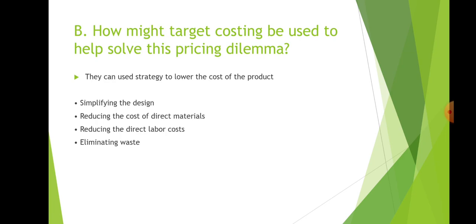And if the design is so simple, of course it will reduce the direct labor cost. And it will eliminate waste because it's not that complicated to assemble a computer. So this would be the answer for their pricing dilemma.